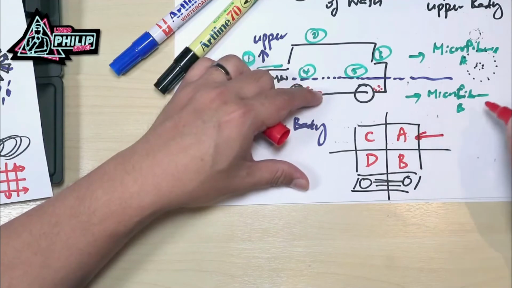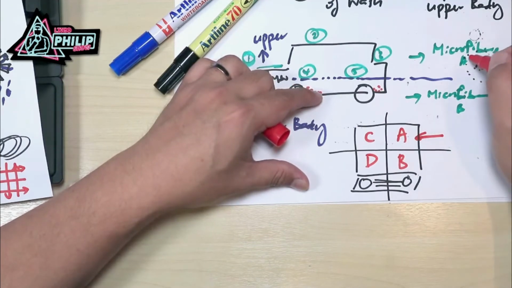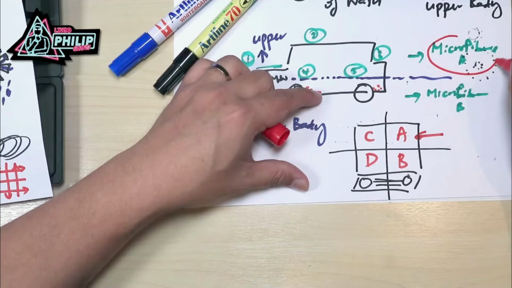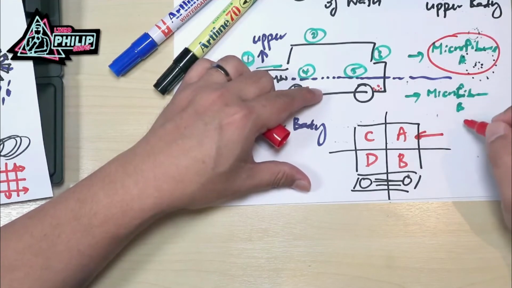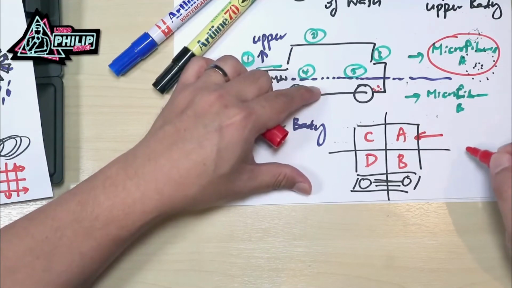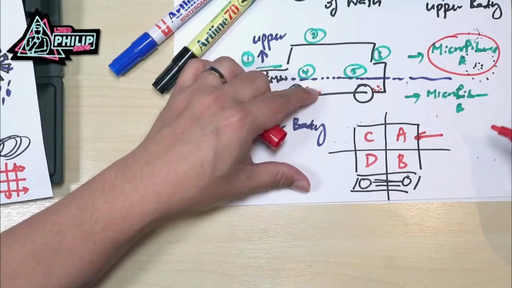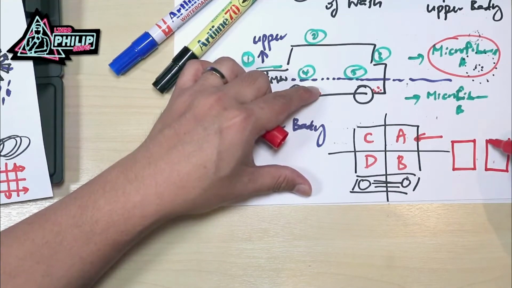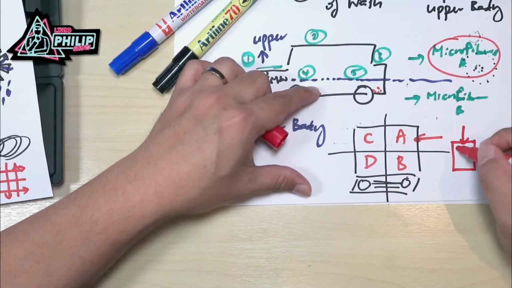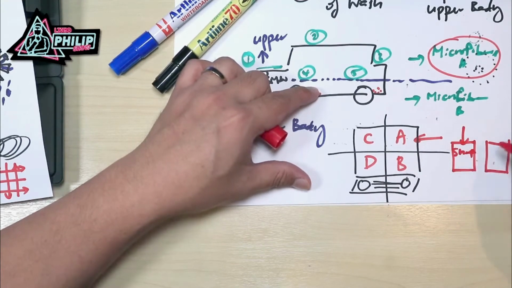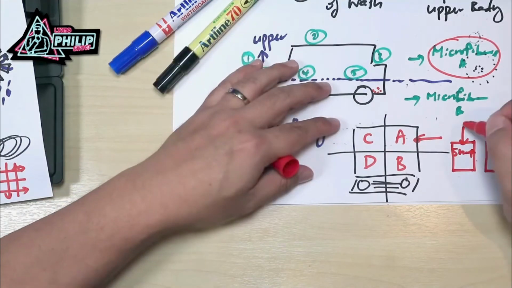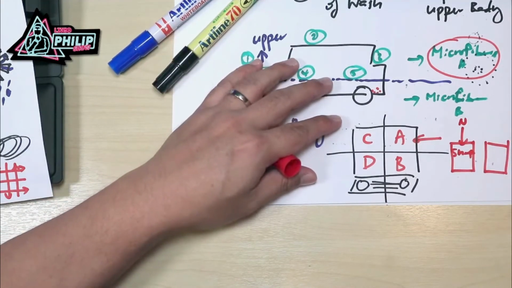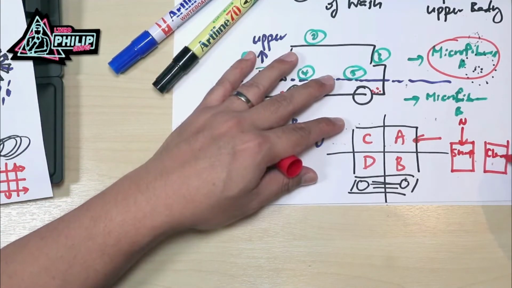When we wash this part, we will use microfiber cloth A to wash it, with the 2 bucket system. So what is the 2 bucket system? Basically there are 2 buckets. One is filled with diluted shampoo. Best if you can use neutral shampoo. The second one is actually clean water.